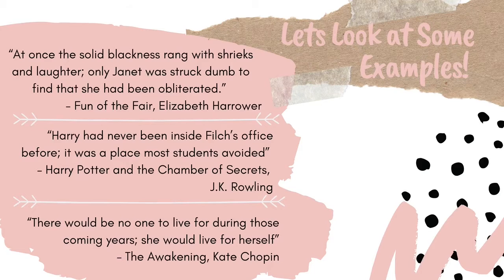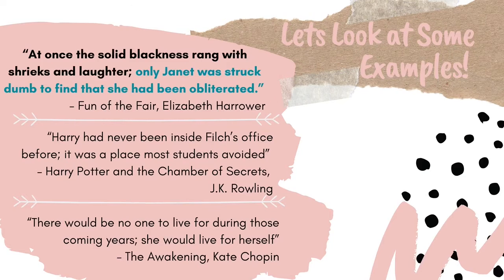So first of all, the semicolon gives us a moment to pause within the sentence so we can take a breath. But we can also see the separation of the two clauses in this sentence. We have the first clause, which is, "At once the solid blackness rang with shrieks and laughter." The second clause, which the semicolon creates, is, "Only Janet was struck dumb to find that she had been obliterated."